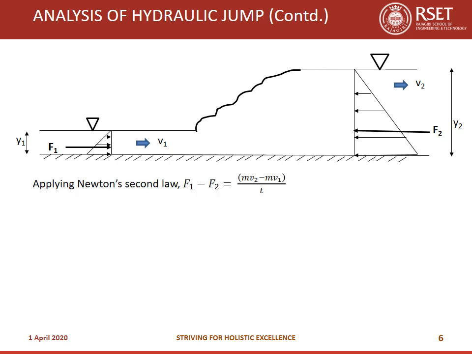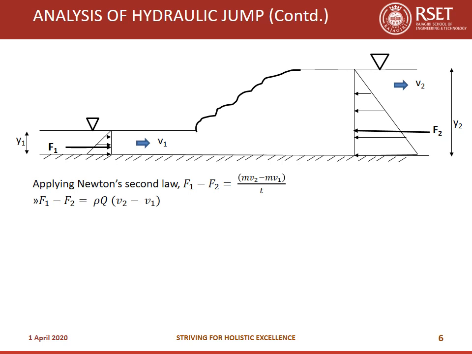Now, applying Newton's second law, F1 minus F2 is equal to (mV2 minus mV1) by time. That is the rate of change of momentum, which is change in momentum divided by time.